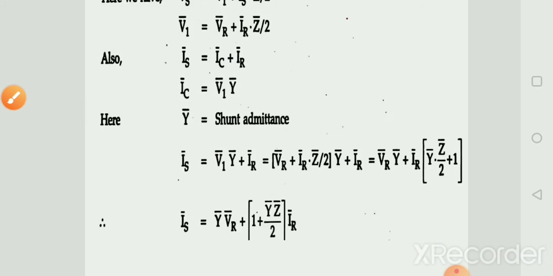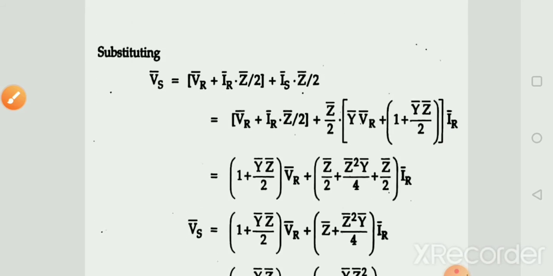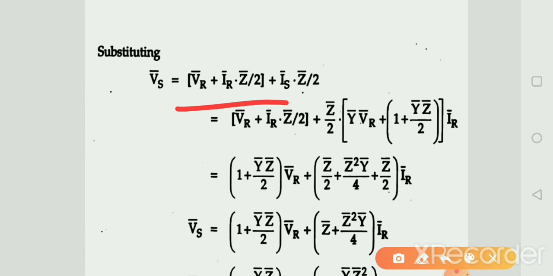Now we have the equation Vs equal to V1 plus Is into Z by 2. For finding the parameters A and B, we can substitute the value of V1 here. V1 value is VR plus IR into Z by 2.